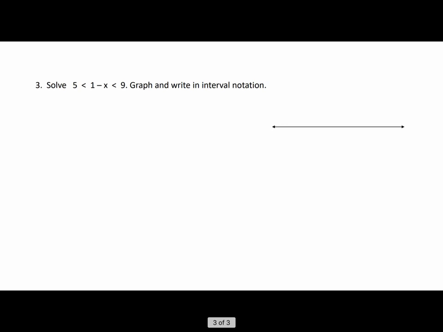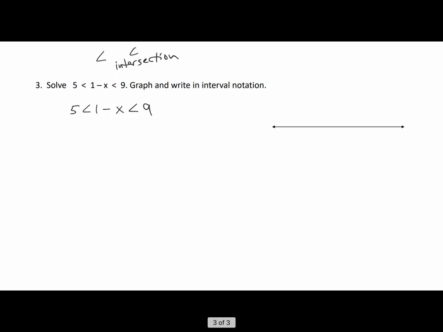Then in number 3 here, we've got a compound inequality that is the way we normally see compound inequalities. And that means it's got 2 symbols here instead of 2 separate statements. But it means the same thing. It means intersection, if you have 2 symbols here.